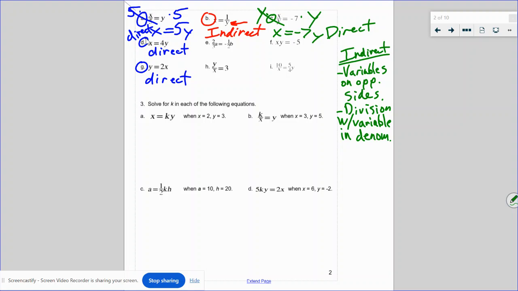If we have both of those things, we have an indirect relationship. If we don't, and we just see that multiplication, it's direct. If you do not have one of those two things, then you may need to solve your equation for one of those variables. Like when you have both variables on the same side, get one variable on the other side by canceling it out.